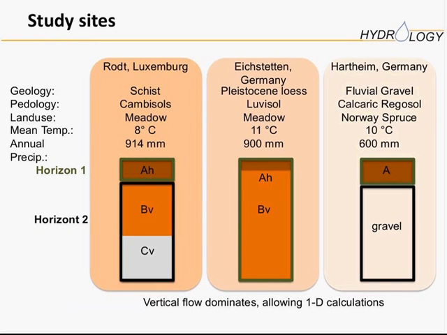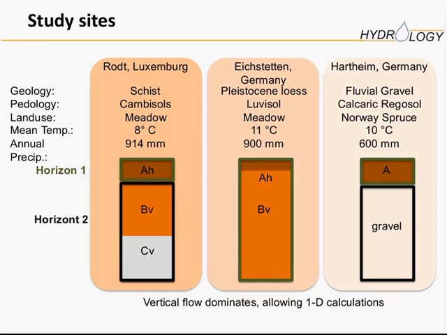Good. The 3 study sites are a Cambisol in Luxembourg, where the geology is schist, then a Luvisol close to Freiburg, and a Regosol on a fluvial gravel close to Freiburg as well.